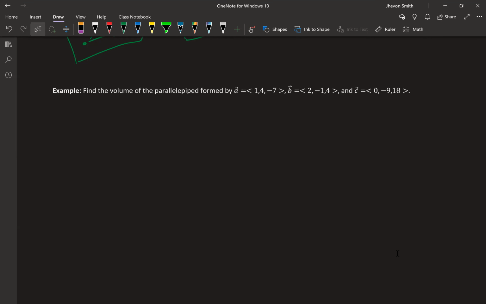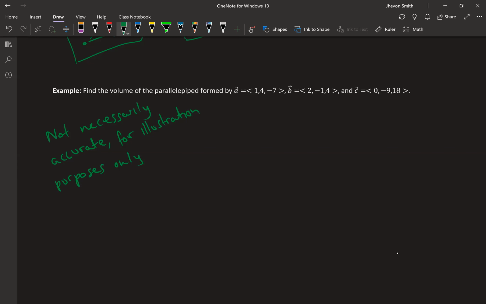Find the volume of the parallelepiped formed by these guys. So what does that mean? Not necessarily accurate, for illustration purposes only.